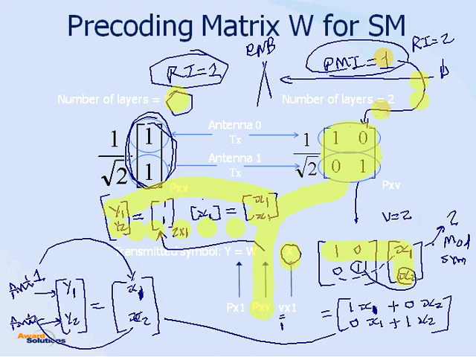Sometimes we are sending different modulation symbols from different antennas. Sometimes, if the channel conditions are not so good, then our UE will say, okay, rank indication 1. In that case, we will do some sort of beamforming by sending the same information from both antennas. Here, the same information is going from antenna 1 and antenna 2.